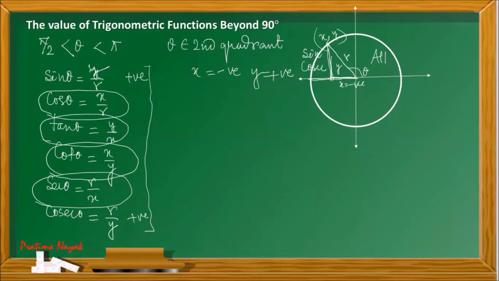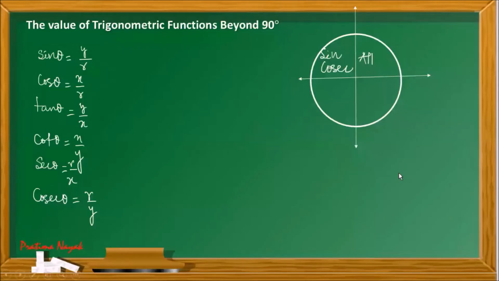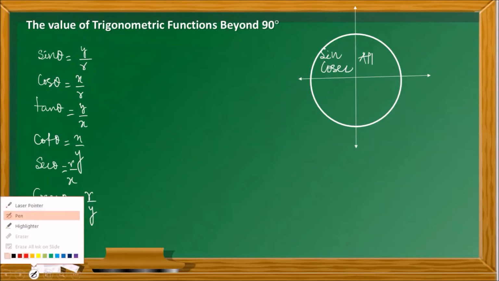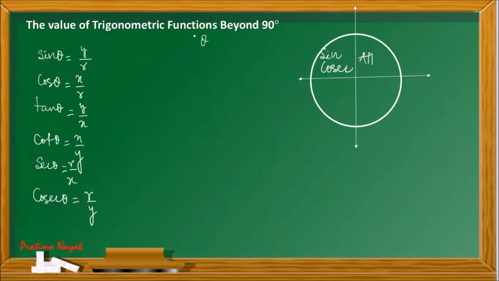Now let us come to the third quadrant, when the angle is between 180 to 270 degrees. So theta is between pi to 3 pi by 2. This is 0, this is pi by 2, pi, then here this is 3 pi by 2. Theta is between these, so I am in the third quadrant.